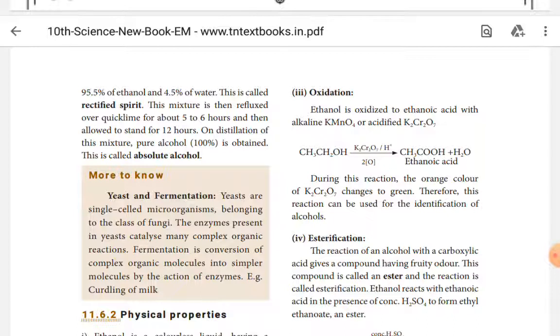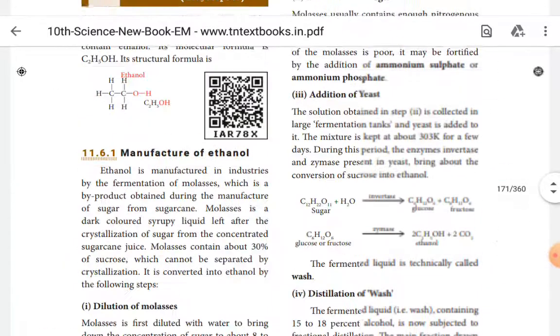Third, distillation of this mixture, that is heating and then converting into liquid. Distillation of this mixture gives pure alcohol, 100% alcohol, which is called absolute alcohol. So my dear students, you have to revise all this, very important.